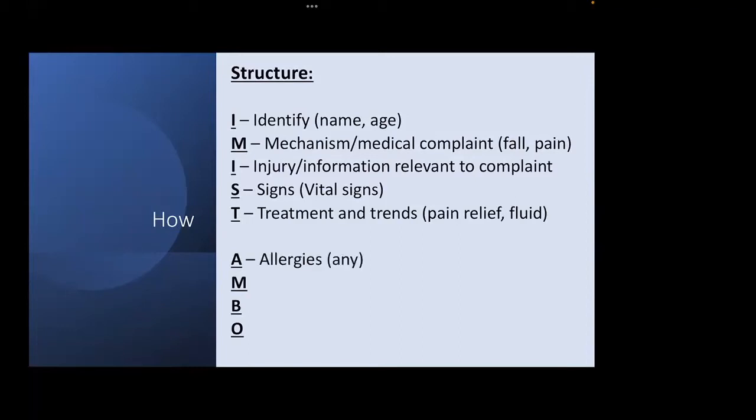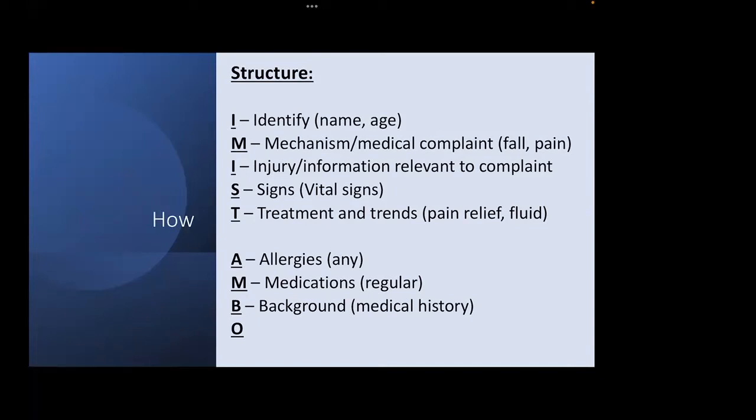A is for allergies. Of course, that's very important to ensure that a patient never receives a medication or a food that they're allergic to, that could cause anaphylaxis, for example. M is for medications, and that relates to their regular medications that they take. And B is for background, so any other medical history that that person may have.